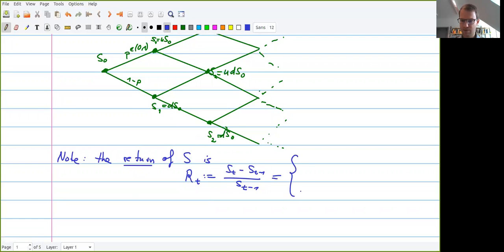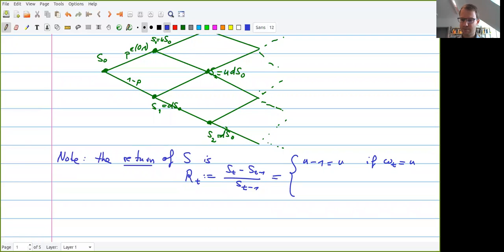Then, okay, here we actually know what it is. So it's u minus 1, right? So if you go up at the time t, then this is u minus 1.